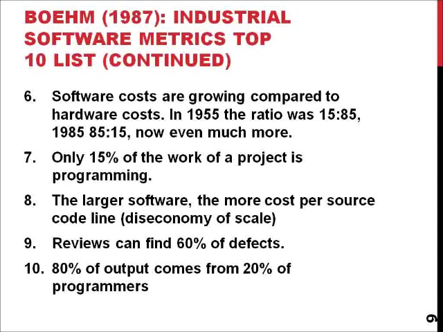The final point on this slide means that 80% of output comes from 20% of your programmers. It's actually not that people who do programming are lazy or bad or anything like that.